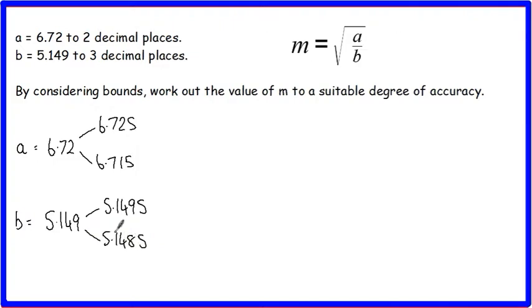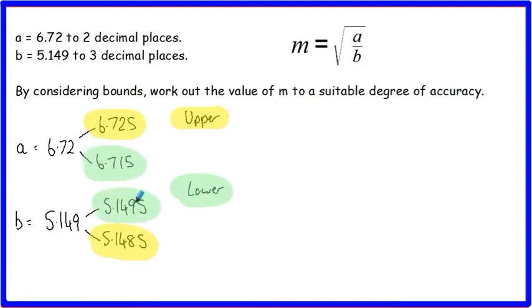Okay. Now, upper and lower. Now, this is different because I am dividing. Upper for dividing is the biggest number divided by the smallest number. But the lower for dividing is the smallest number on top divided by the biggest number on the bottom. And don't forget, we need to square root.